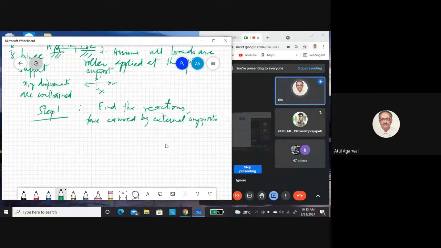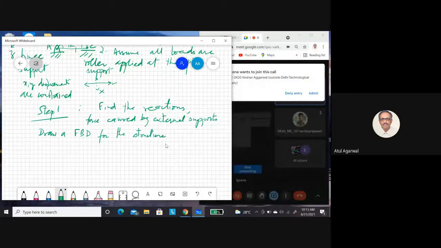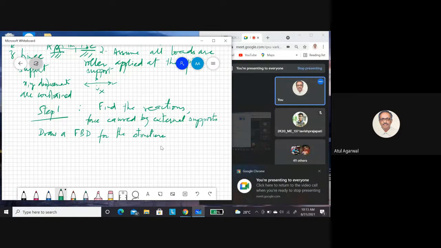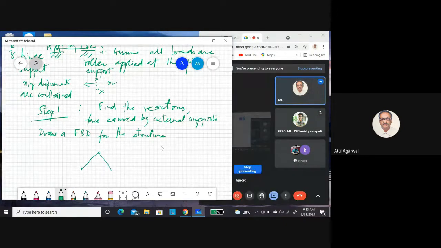So first we find the reactions. You draw a free body diagram. I write FBD for free body diagram for the structure. Free body means remove the support. Support is gone, but instead of the support, the effect of the support is there.